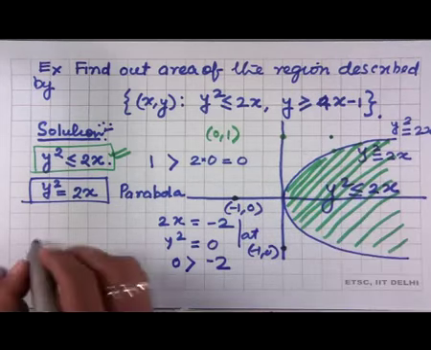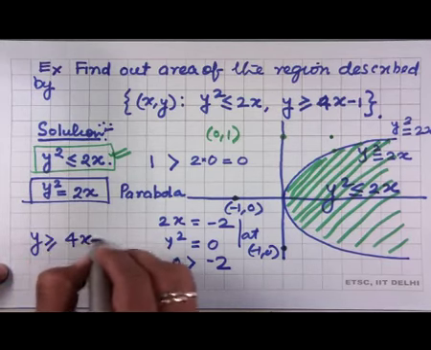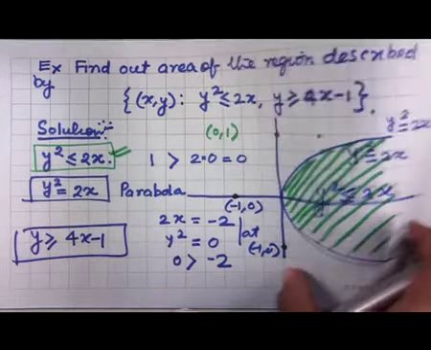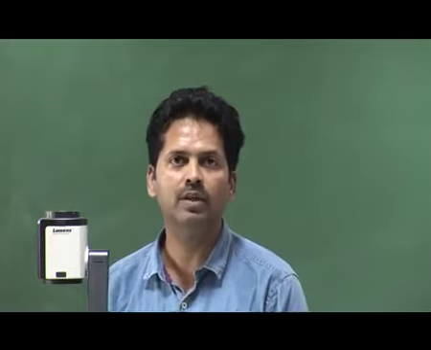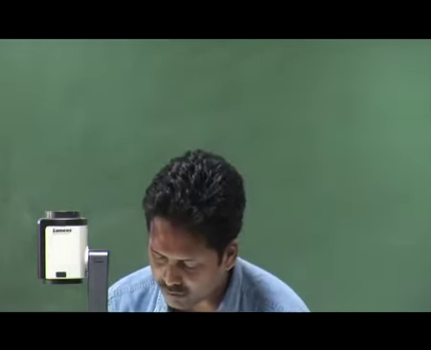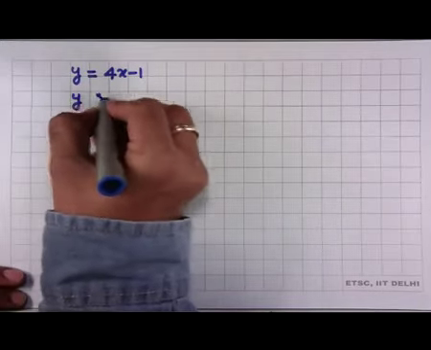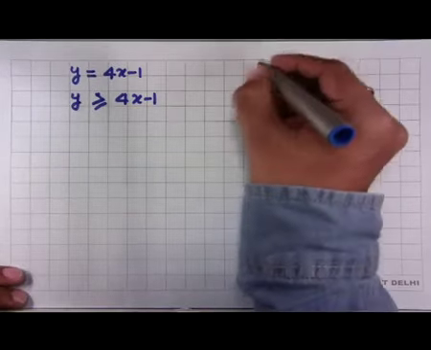Let us see what region is represented by y square greater than or equal to 4x minus 1. So, for that we have to plot first the line y equals to 4x minus 1, and then we try to realize what is this region y greater than or equal to 4x minus 1.